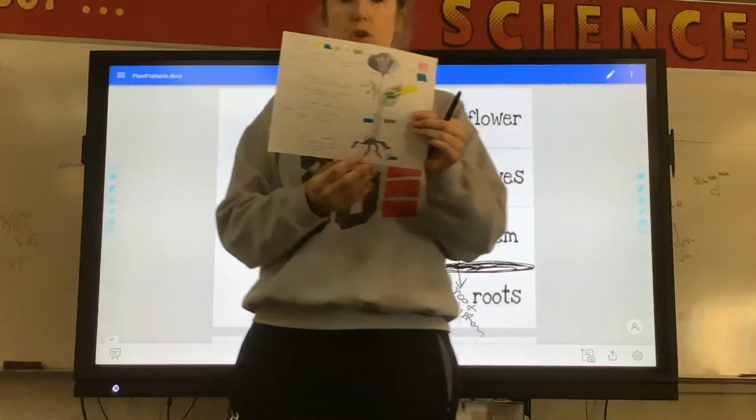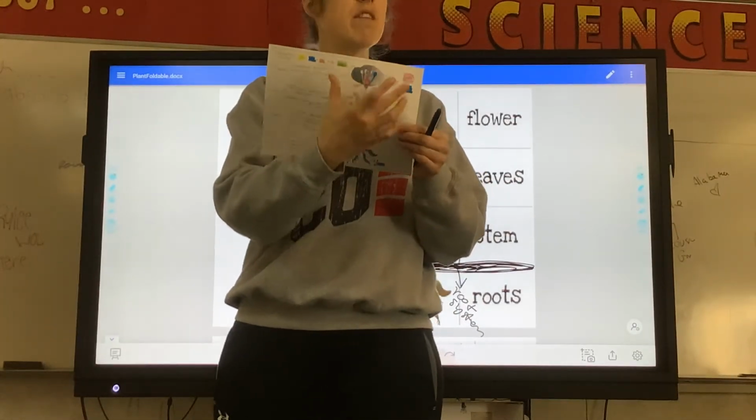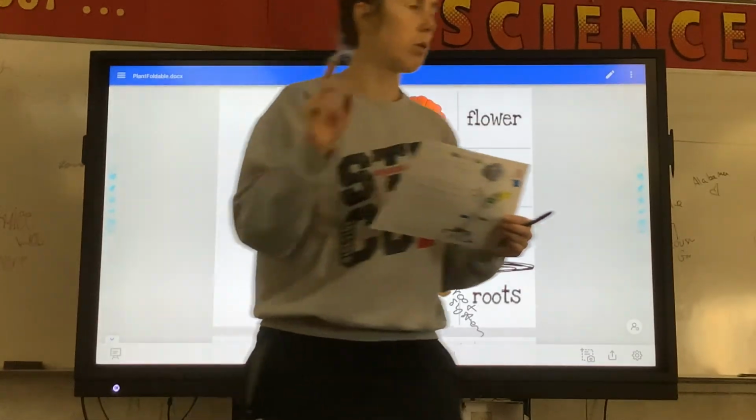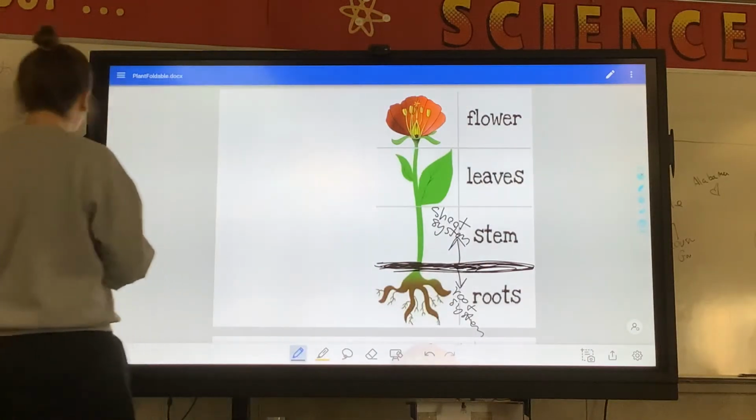Also, the roots have a major function. The stem, the leaves, and the flower have huge functions too. So follow with me, but do not write anything. I will give you plenty of time to write this all.